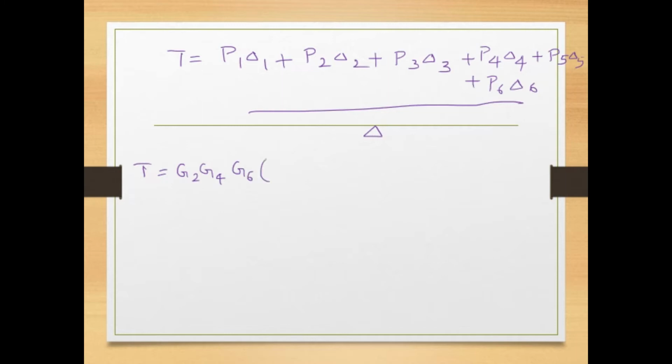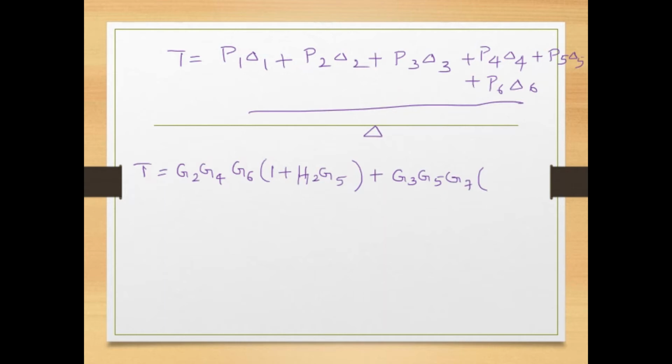Delta 1 is 1 plus H2 into G5, plus P2. P2 is G3, G5, G7 into delta 2.